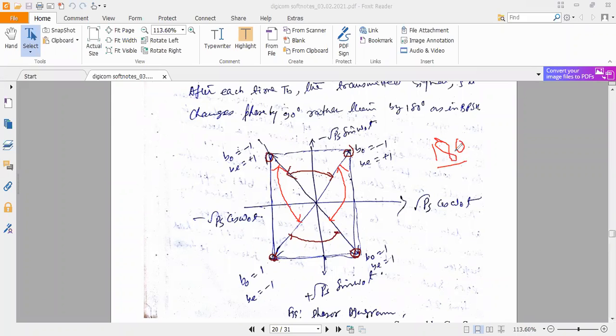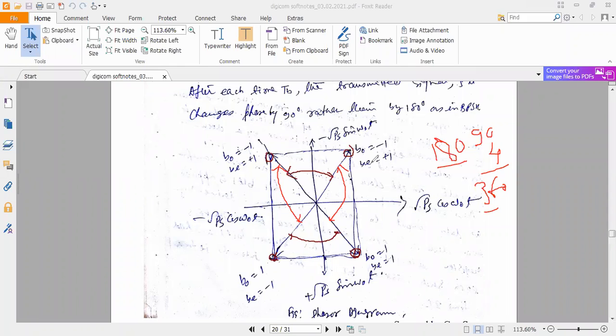So 180 degree, 180 into 2 is 360 degree. But here 4 are possible, so 90 into 4 is nothing but 360 degree. So between any two consecutive phasors, there should be 90 degree phase shift. Getting my point? If you have doubt, you can ask me the question.